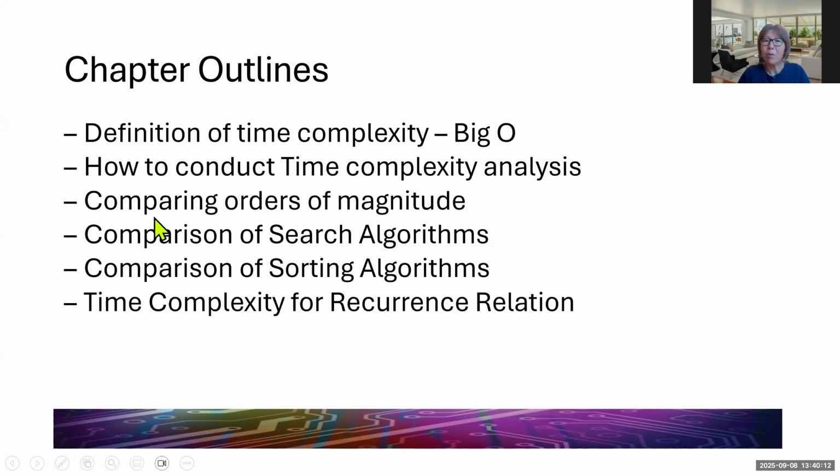And then we are going to compare the orders of magnitude and compare the various search algorithms and also sorting algorithms. And lastly, we will also discuss the approach for time complexity regarding recurrence relations.